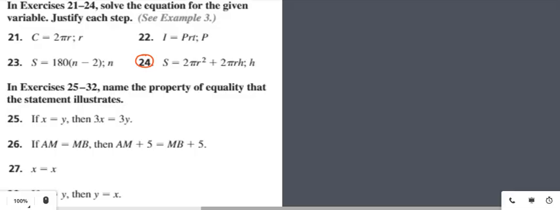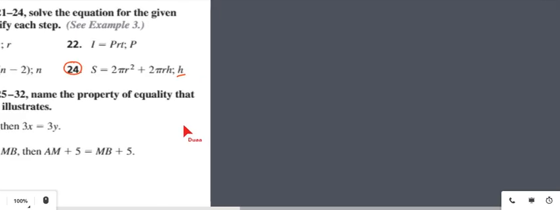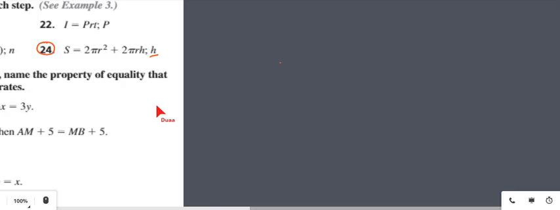You have to solve it for h. That means from this formula, you have to get the value of h. Should I solve, or can you? Okay.